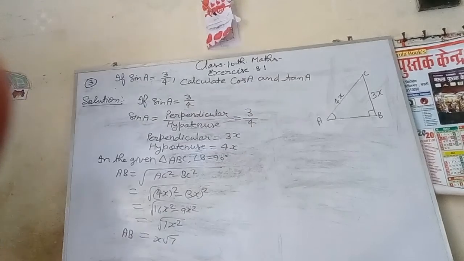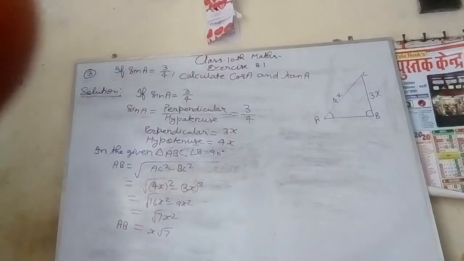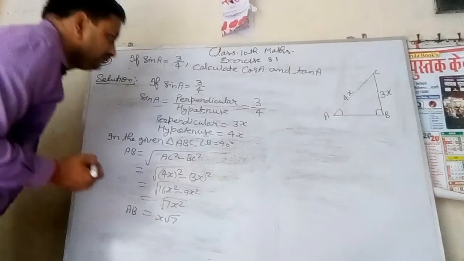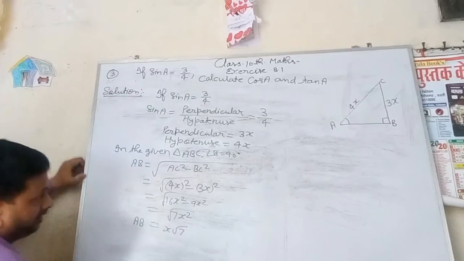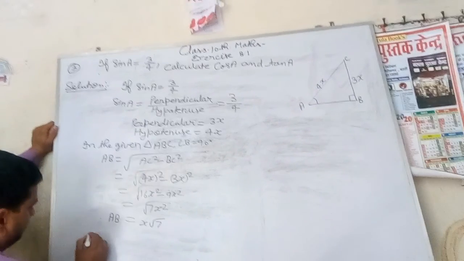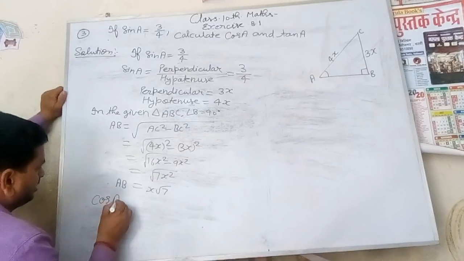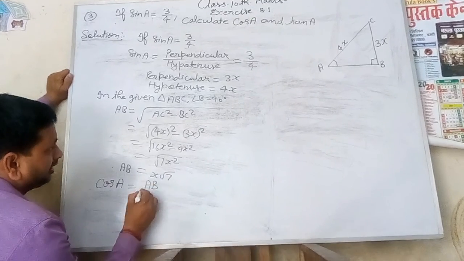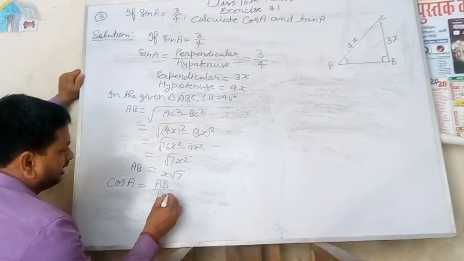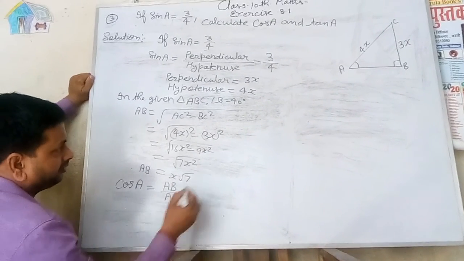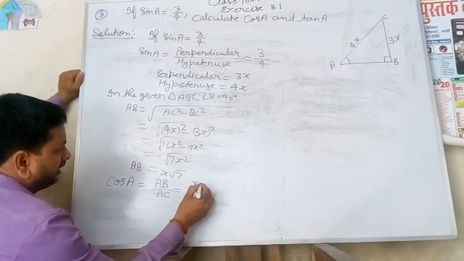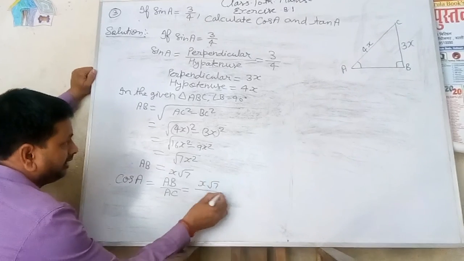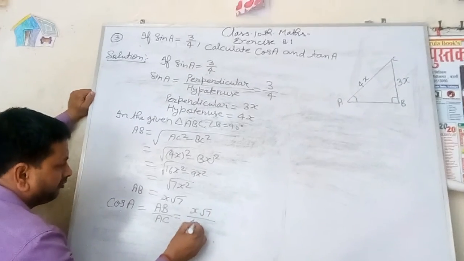Now we need to find out cos of angle A. So cos A equal to AB upon AC equal to x root 7 by 4x.